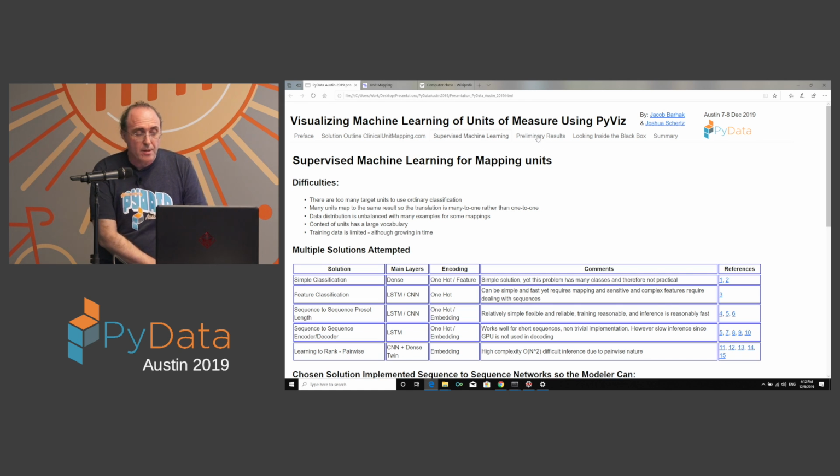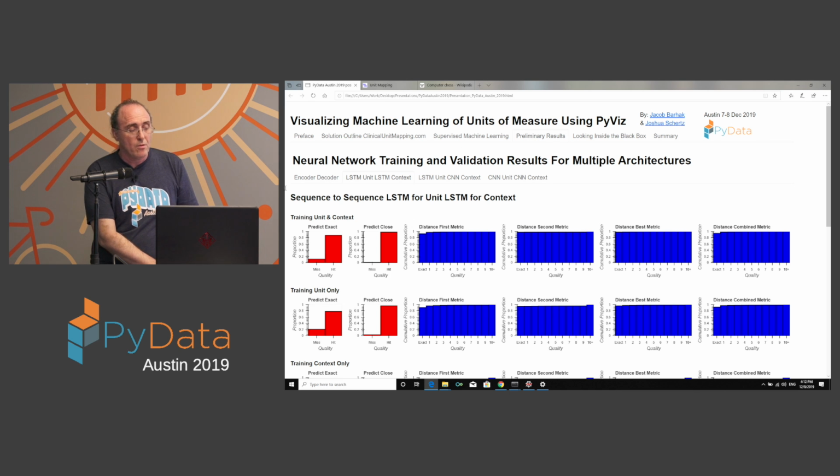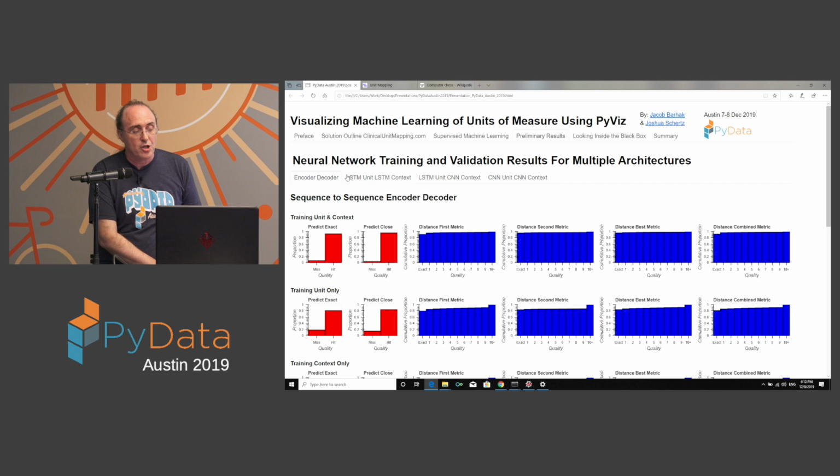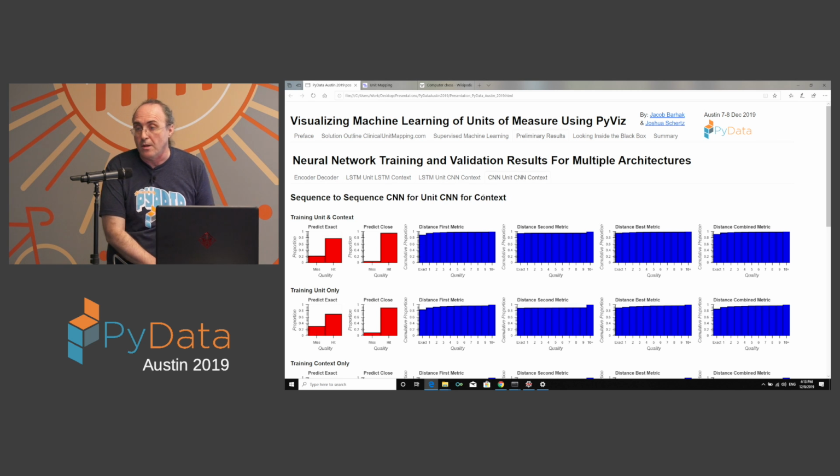I'm going to show you some results, and some of the different architectures that we tried, and you can see each one of those has some results. On top, you can see how good the training was, and you can see it for encoder-decoder, basically a sequence-to-sequence neural network, multiple LSTM layers, LSTM and CNN combined, and CNN layers only.